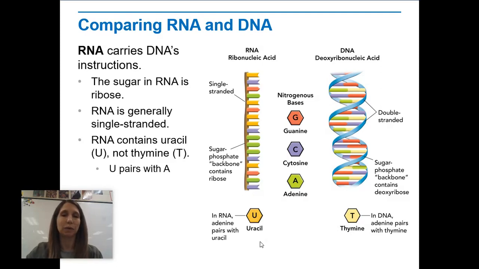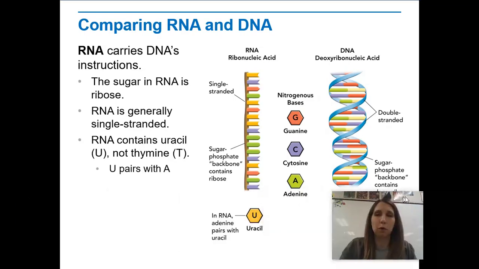Where we see an adenine in DNA, we would have a U, or uracil, in the RNA that's complementary to that sequence. If we had an A in RNA, then we would still have a T if we had a complementary DNA molecule, because we're comparing RNA and DNA. We'll look at that a little bit as we get into this process of transcription, okay?